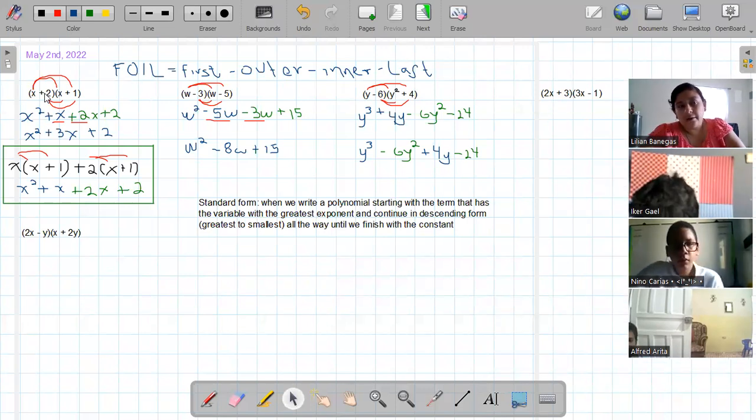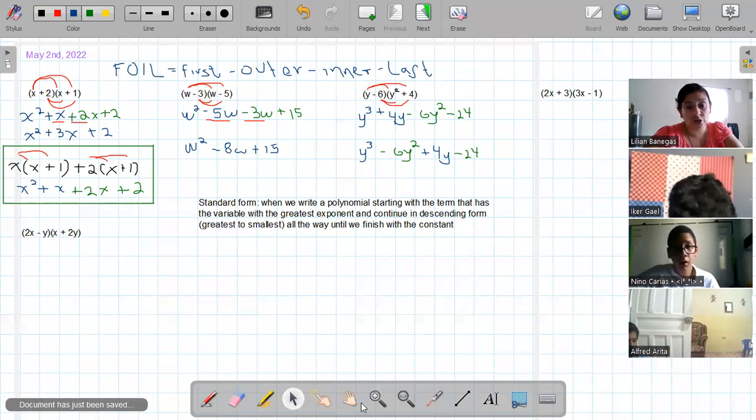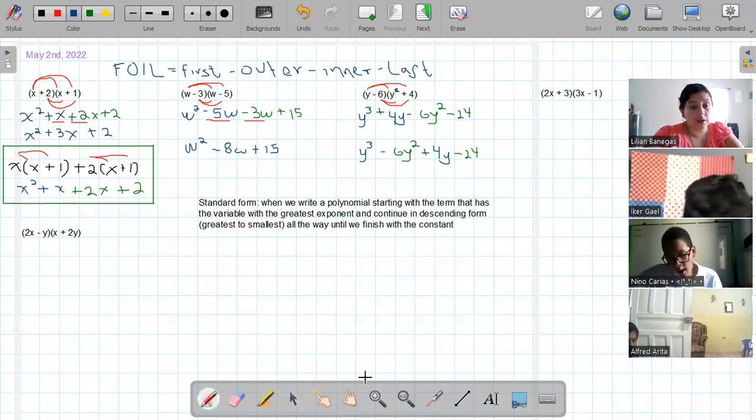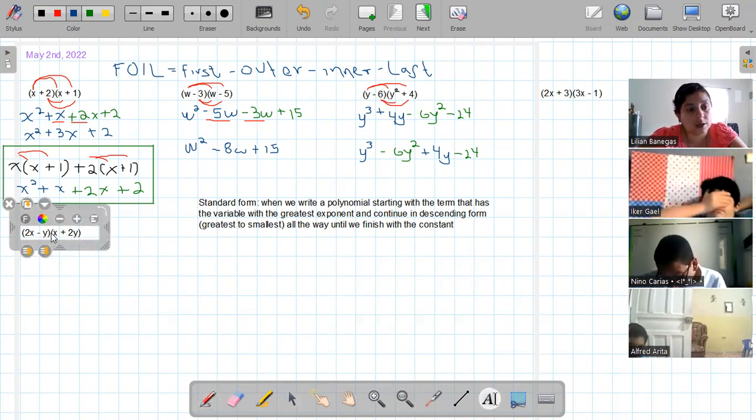Now, we began with a binomial that was just a variable with a constant. Now, as you can see over here, we escalated to a variable with an exponent. Now, we're going to escalate to a variable with a coefficient. And afterwards, we're going to end with two variables that have exponents, okay?